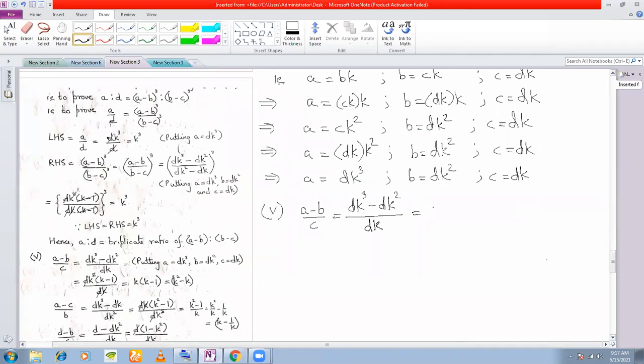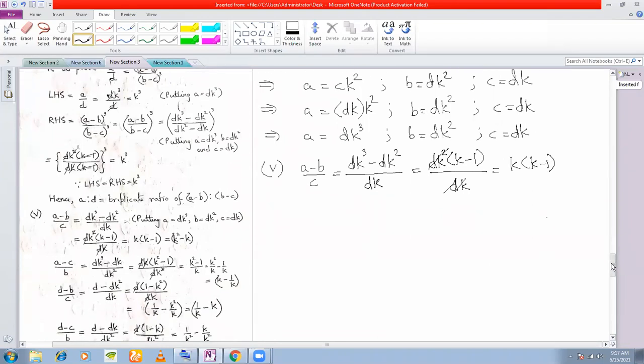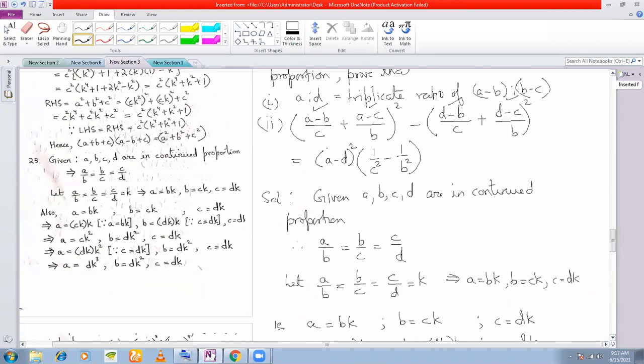So you can take dk square common, get k minus 1 divided by dk, and d will cancel from here, k and k cancel, so you ultimately get k into k minus 1 only. Fine. So first fraction we have got a minus b by c.